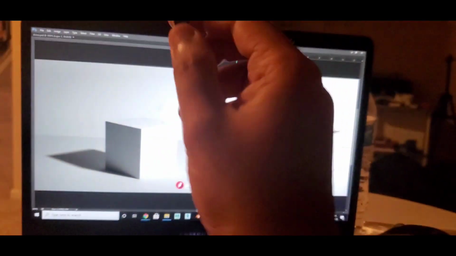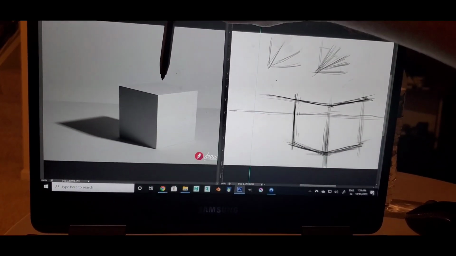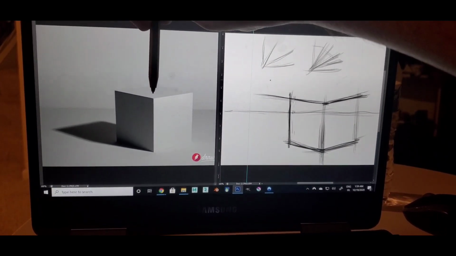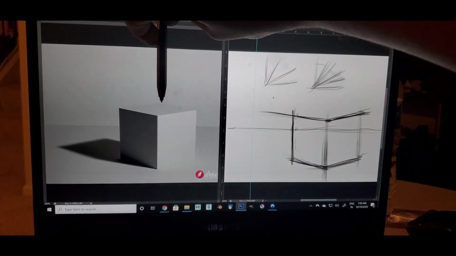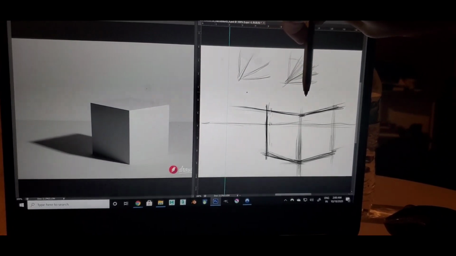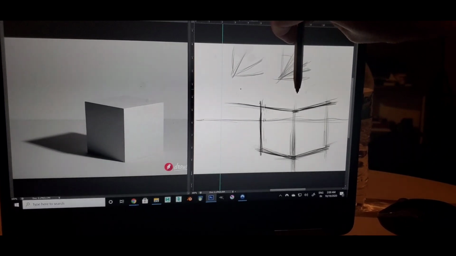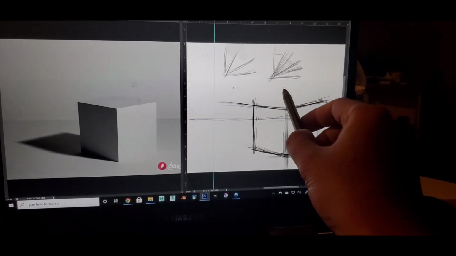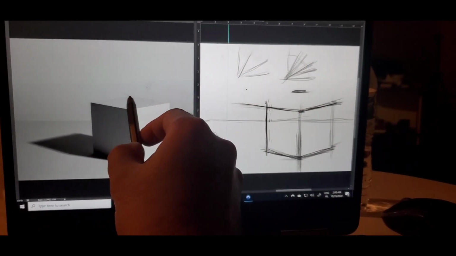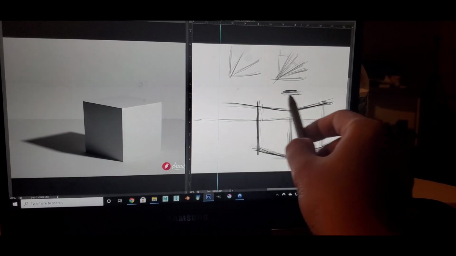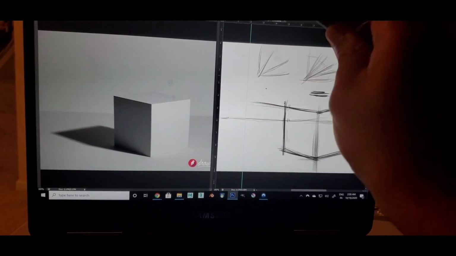So maybe I will use the top distance. And I will mark it somewhere here. Okay. Somewhere here.